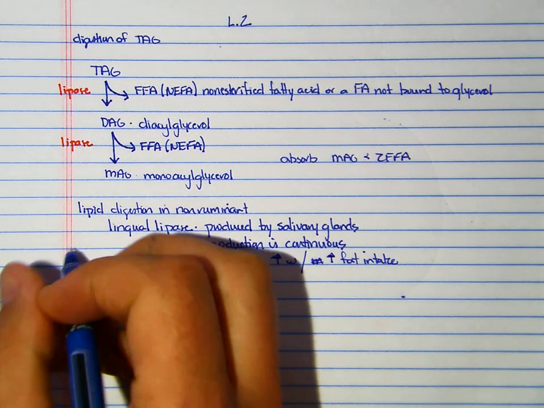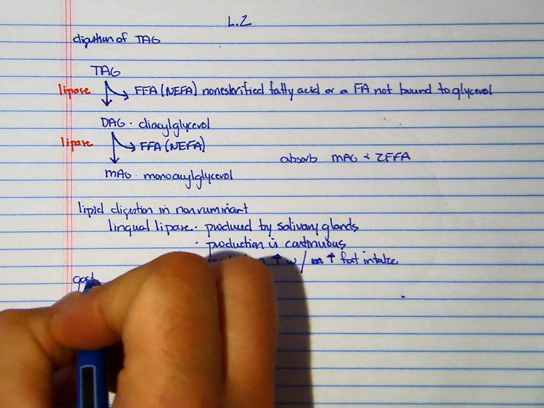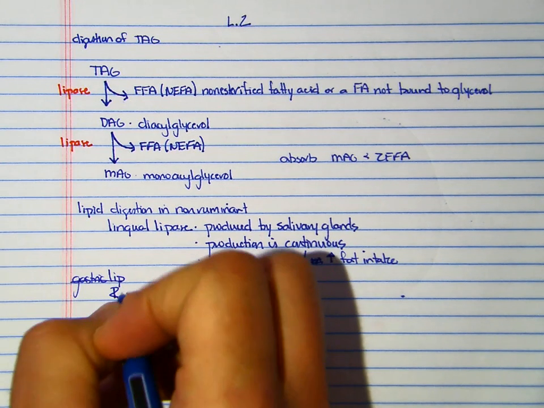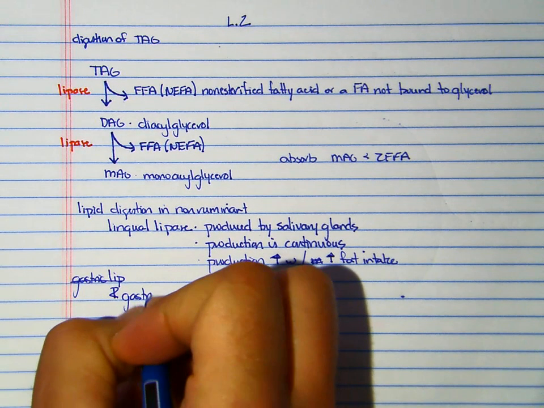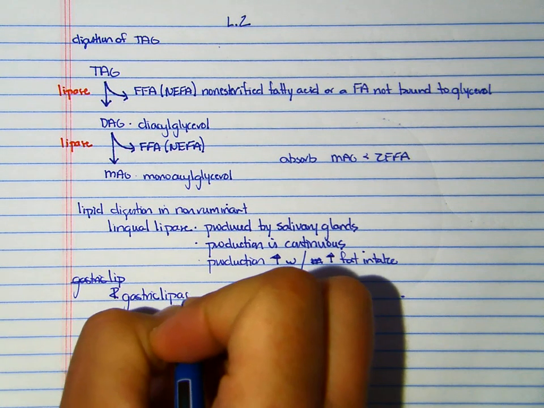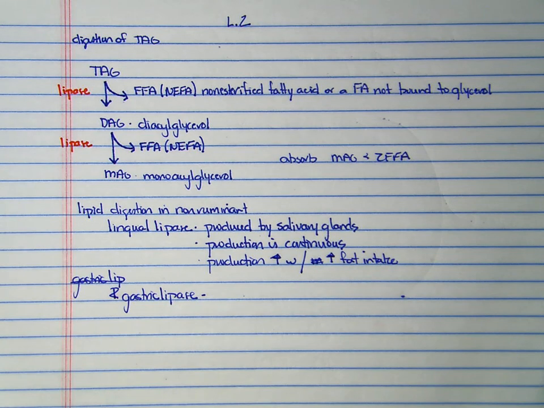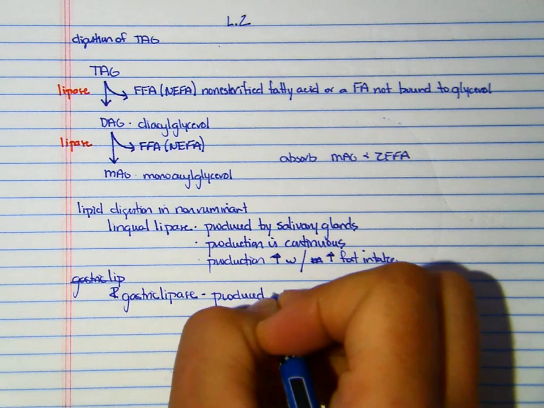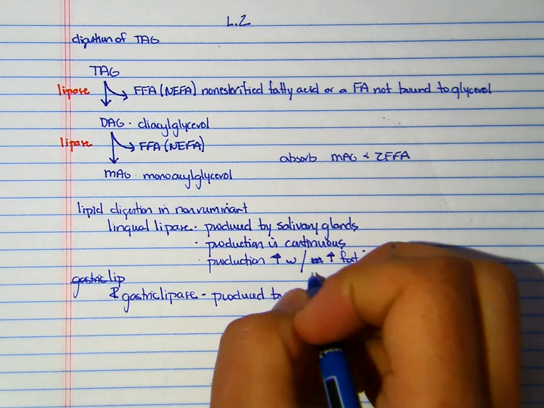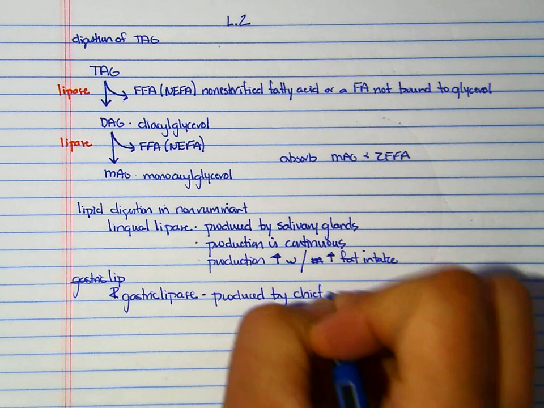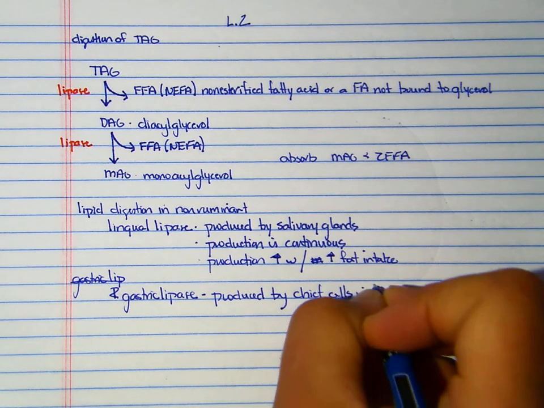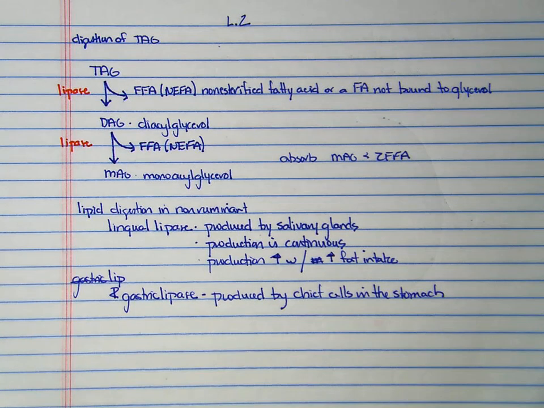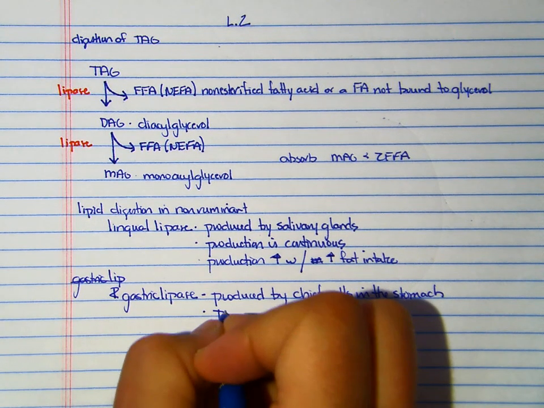The next enzyme we have is gastric lipase. And so gastric lipase is another enzyme. It's produced by chief cells in the stomach, hence the word gastric. Again, production is continuous.